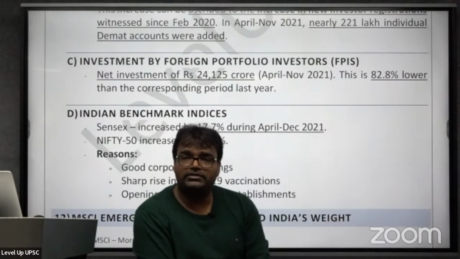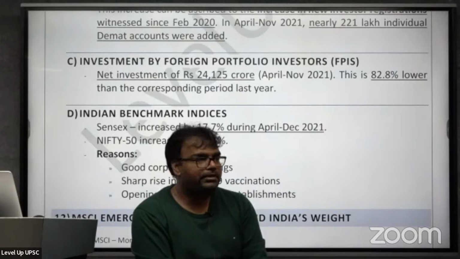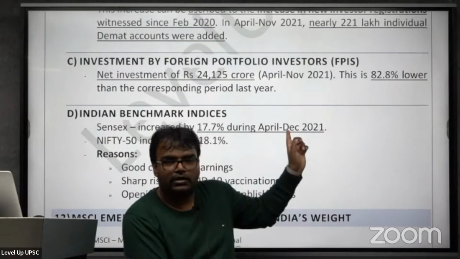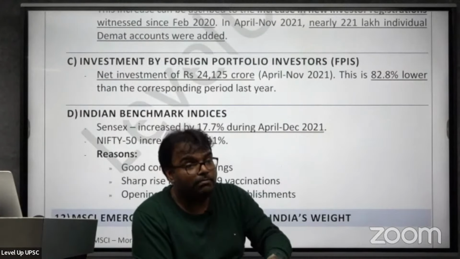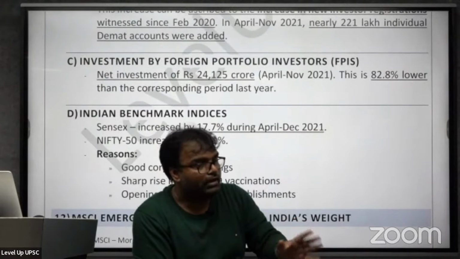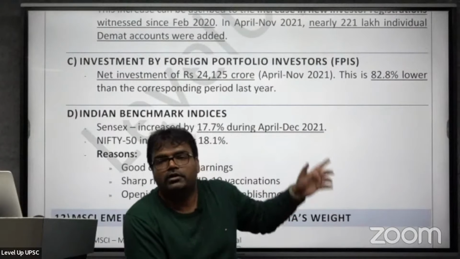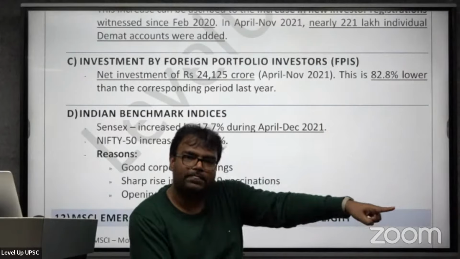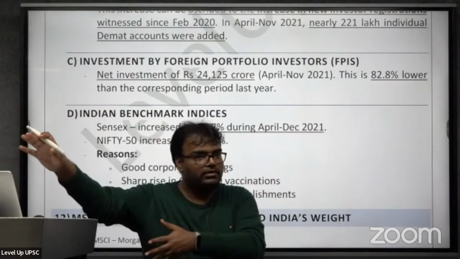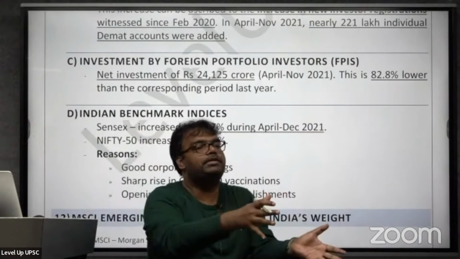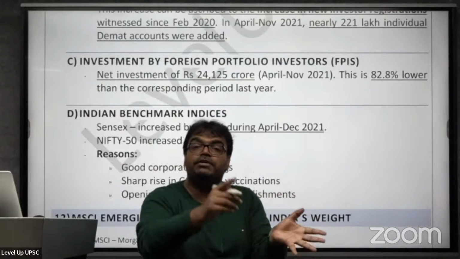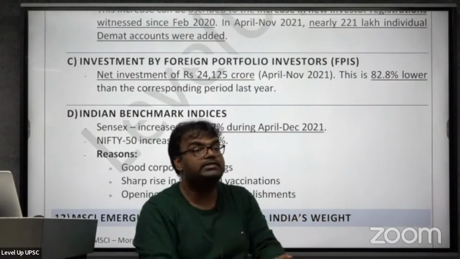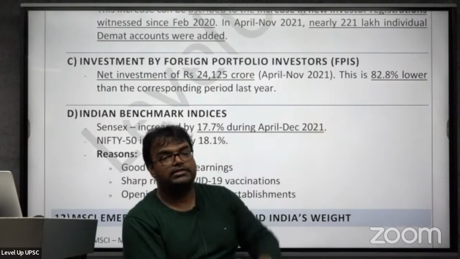If war starts, then the economy would be destroyed and people are being cautious. So this number would have been negative today in the second half of 2021, but in the first half of 2021, it's positive. Net investment is there. They invested, they took away money, but net investment is there. But this net investment is 84% less than last year's investment.